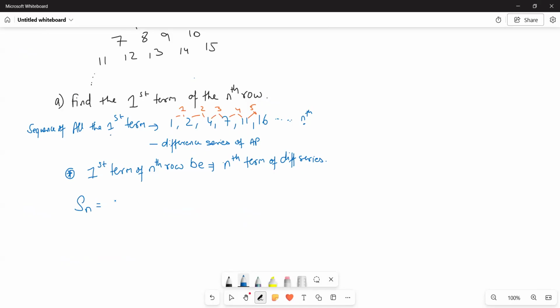We apply the method of differences. So Sn create करेंगे 1 plus 2 plus 4 plus 7 plus 11 going up till Tn. Then we rewrite Sn, shifting all terms one place to the right: Tn minus 1 plus Tn. Then subtract the whole thing.